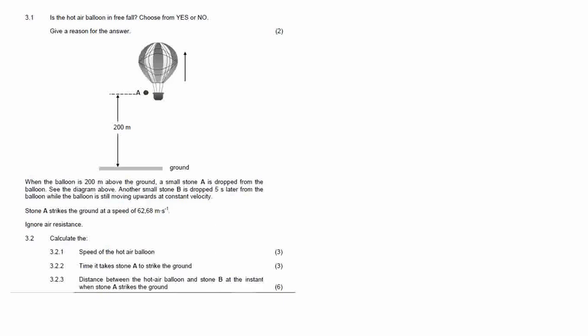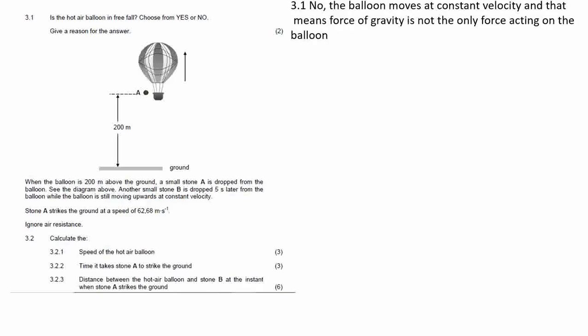Choose from yes or no, and give a reason for your answer. The answer is no, because we were told that the balloon is moving at constant velocity, meaning that the force of gravity is not the only force acting on the balloon.